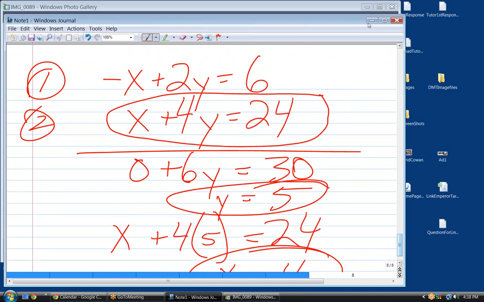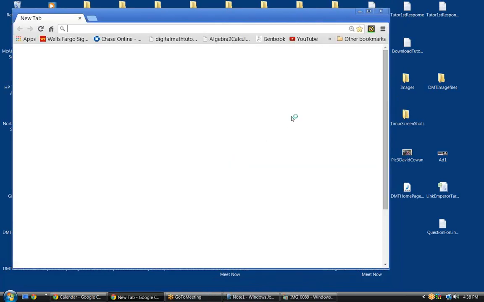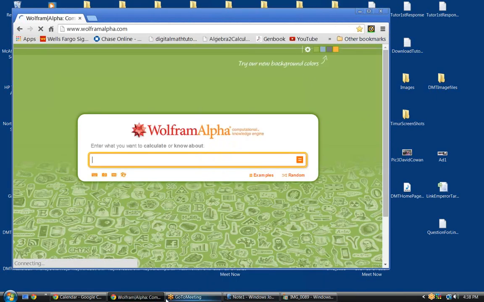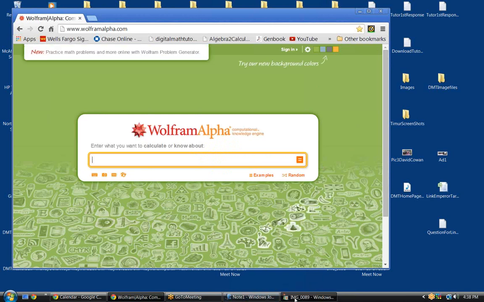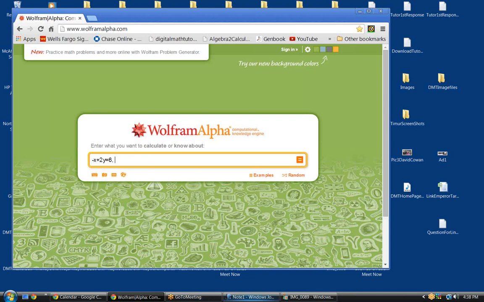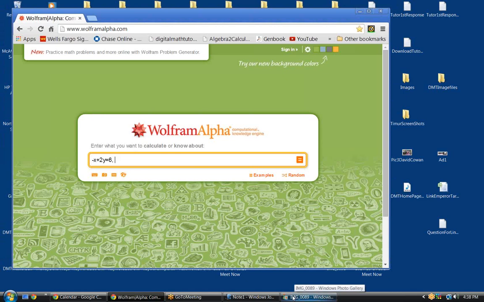We can do it by graphing just to show you that you're going to get the same solution. Let me graph it on Wolfram Alpha. Wolfram Alpha is a great little math program. We have minus x plus 2y equals 6, and the second equation is x plus 4y equals 24.